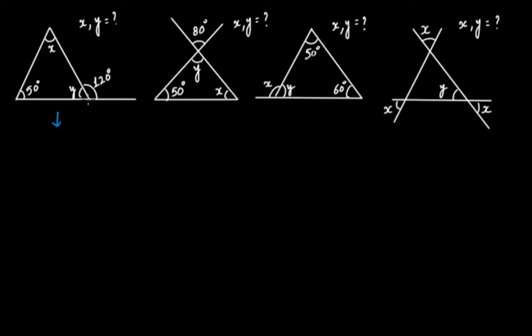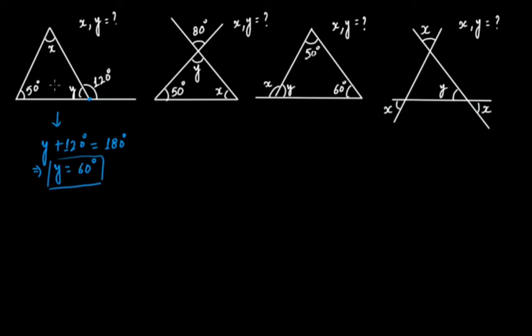If you look at this vertex, 120 degree and this angle y are forming a linear pair, right? Two adjacent angles, one common arm and two non-common arms. According to linear pair, y plus 120 degree will be equal to 180 degree. So y is equal to 180 degree minus 120 degree, which gives you 60 degree.